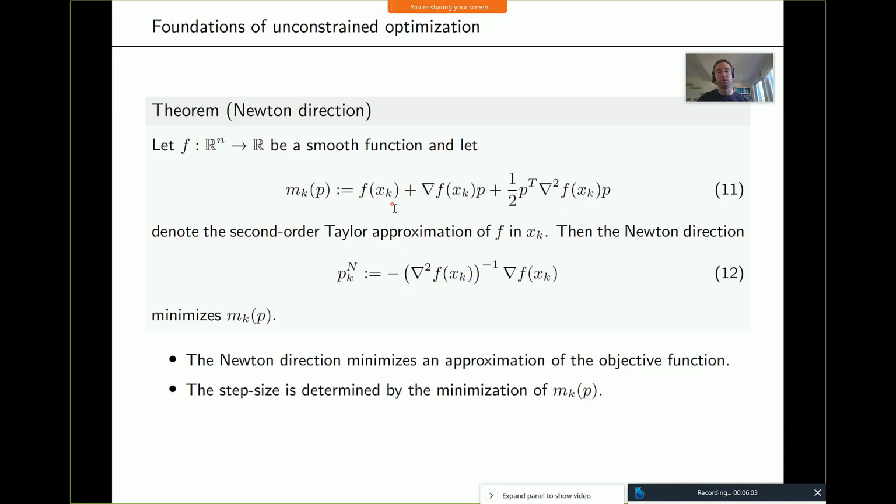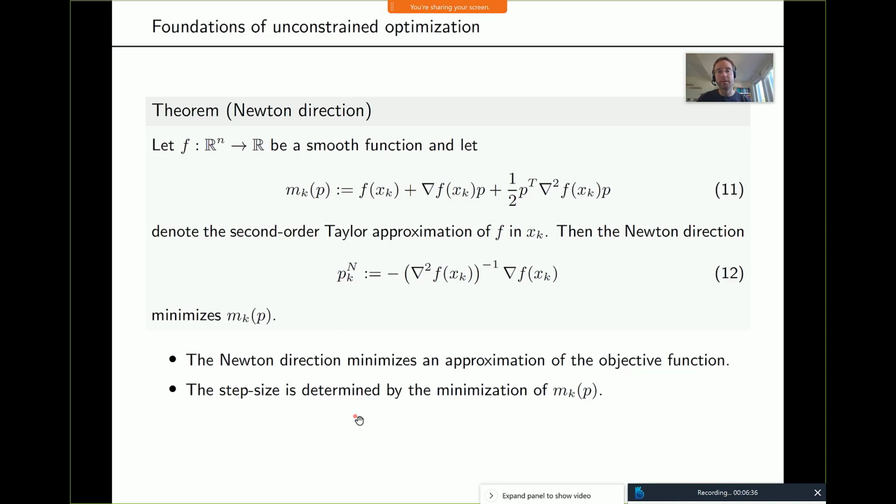So the basic idea of the Newton direction, as opposed to gradient descent, is that you're not going in the direction of steepest descent based on the function f, but you approximate the function f by a simple function that you can analytically minimize, and at the kth iteration go to the minimum of this approximation of the objective function.